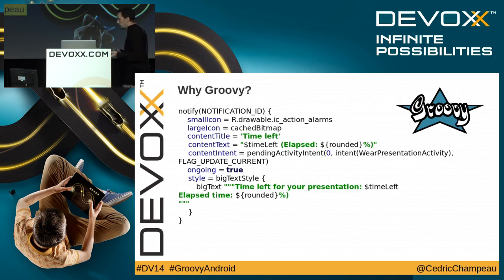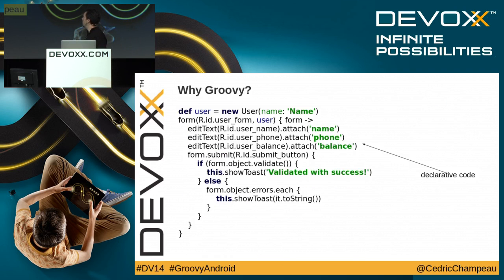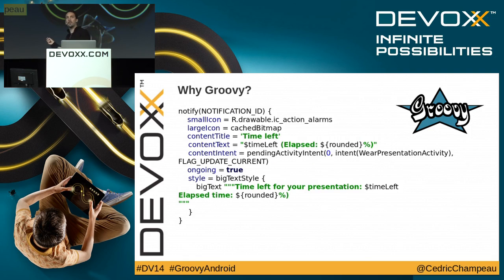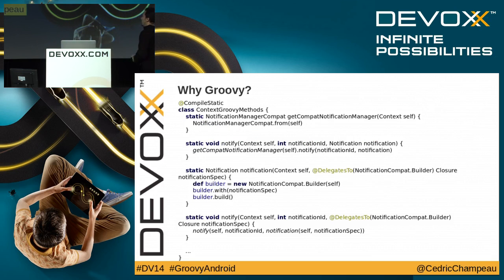So one question you might wonder is how you go from the Java code to this code. Is it hard to build a Groovy API to do this? And actually it's pretty easy. What I wrote is a class called GroovyMethods, a context Groovy methods class. It just defines a bunch of static methods.